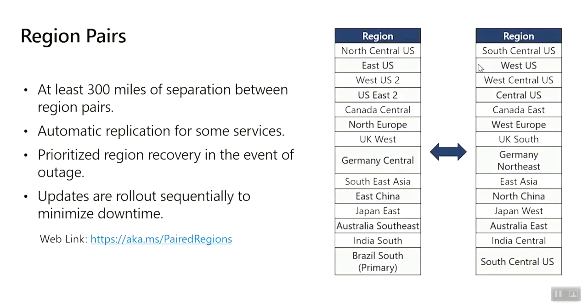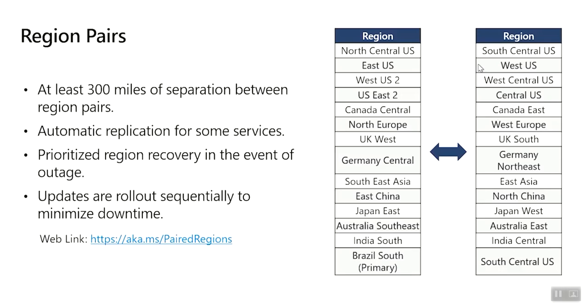Now let's go a little bit deeper. We're talking about region pairs. Like those blue dots, they have region pairs, which means two blue dots in the same geography, separated by at least 300 miles of separation. These are automatic region pairs. So it's very important when you plan your deployments to pick automatic region pairs wherever possible.